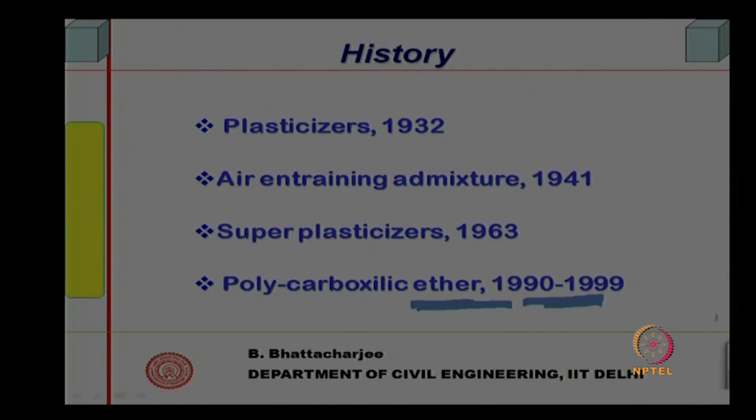Now, although they came quite early, they were not so popular in the beginning. Practically they started becoming popular much later, perhaps in the 60s, 70s, and if you see a country like India, it is in the 1990s in large infrastructure.